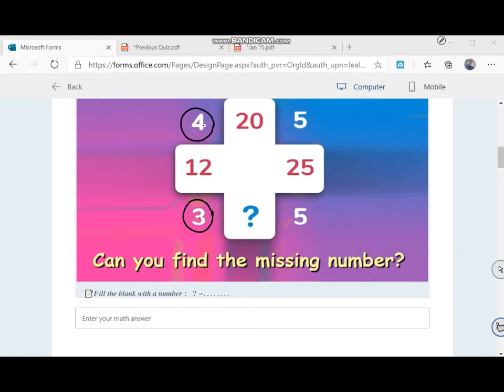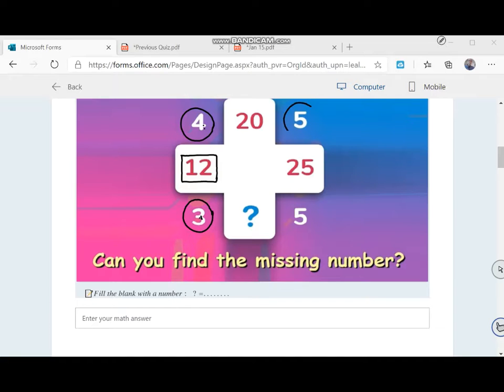If I have 3 and 4, what's the relationship between 3, 4, and 12? Yes, 3 times 4, 12. This is a very strong relationship, because 3 and 4 are factors of 12.